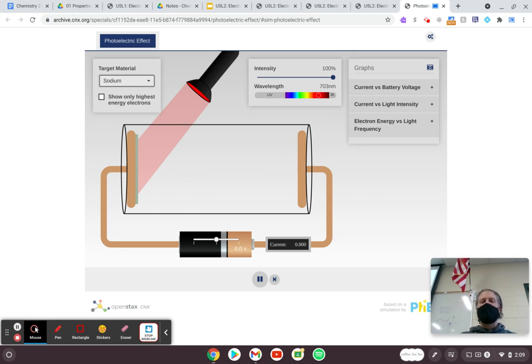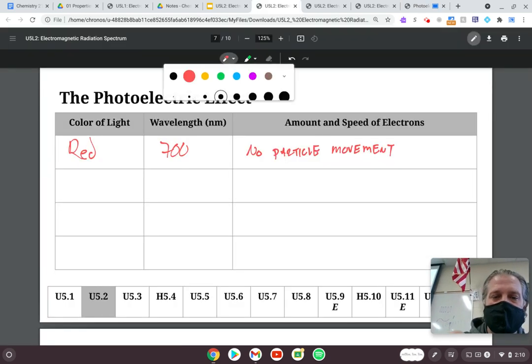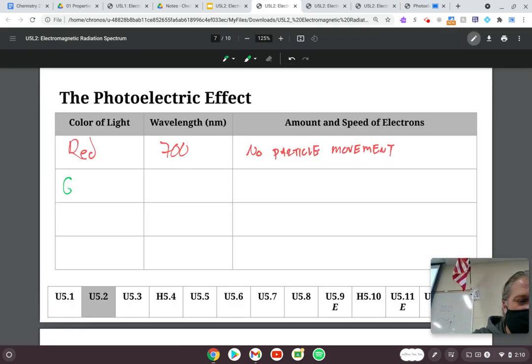Now, if I change the wavelength to 500, we see particle movement. There are some particles moving. They're not going super fast. So what I would write in my notes is the color of light would be green.